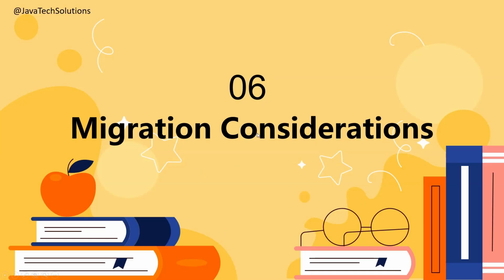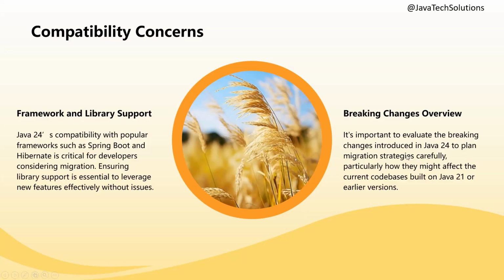If we talk about the migration scenarios, Java 24's compatibility with popular frameworks such as Spring Boot, which is heavily used nowadays, and also Hibernate, is crucial for developers considering migration. It ensures that the library support essential to leverage new features is available effectively and without any issues.